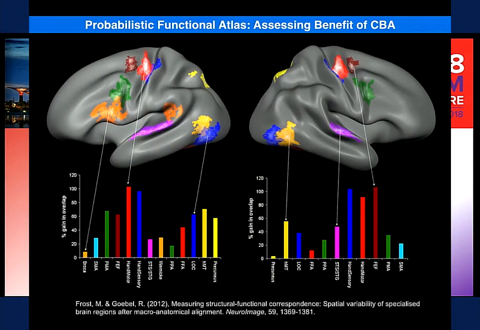This is one of the early examples in our lab where we did that. We assessed the benefit of doing CBA as compared to standardized volumetric alignment to Talairach and MNI space. And what we found was very interesting, and alludes a lot to what we heard in the previous two talks, namely that some areas, like for example the frontal eye field, after cortical alignment show a gain of overlap across subjects of 100% compared to volumetric alignment.